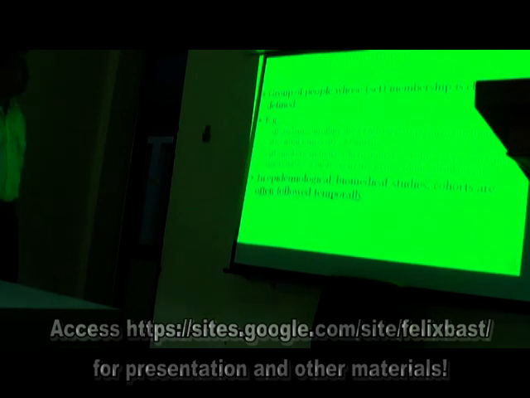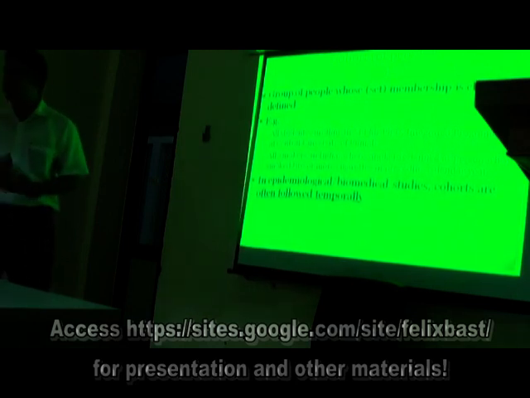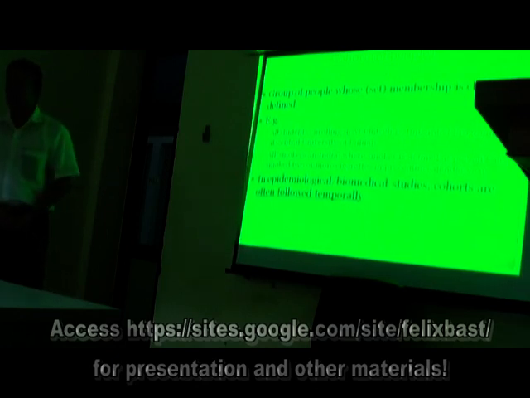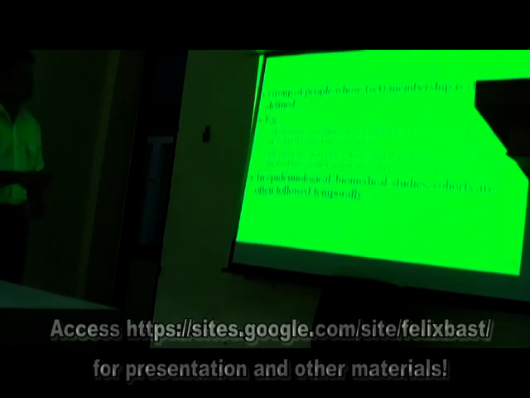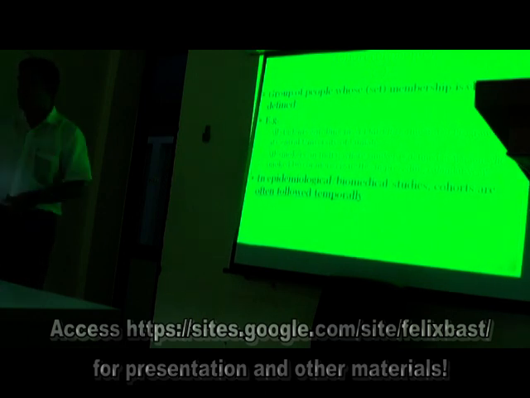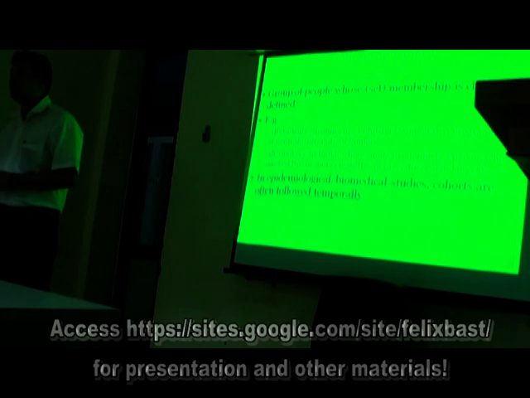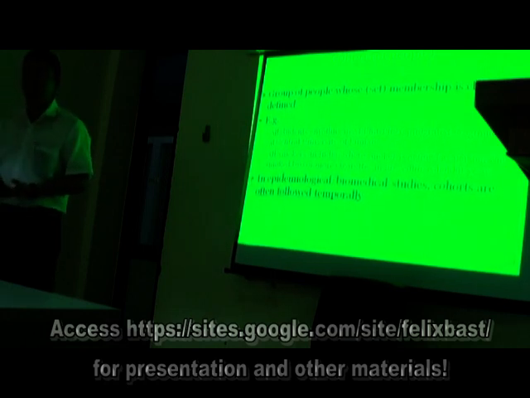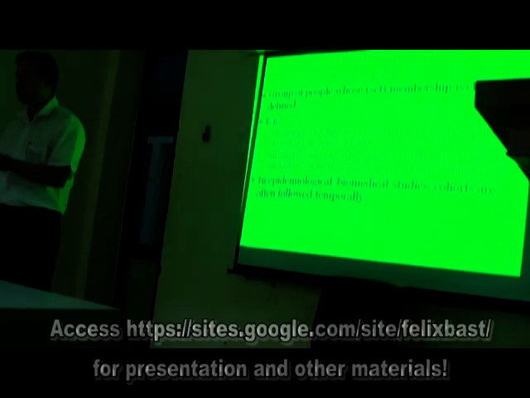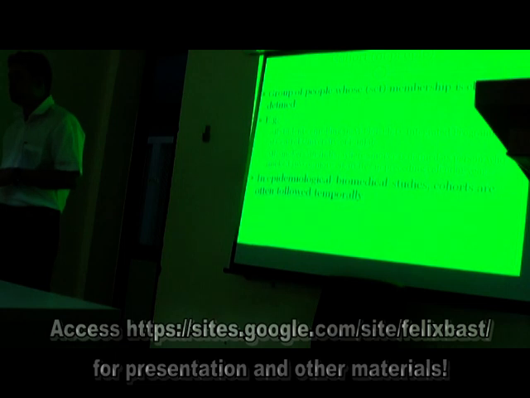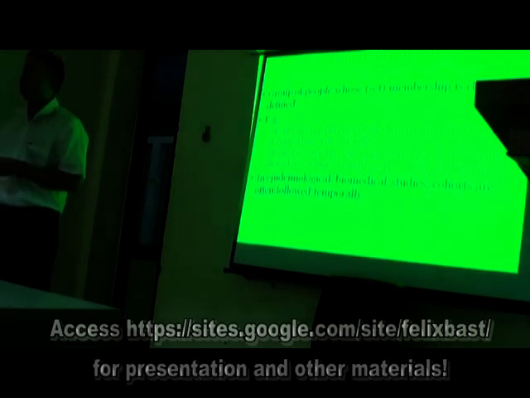What a cohort is: mostly with people, human beings, we use this term cohort. It's a group of people whose set membership is clearly defined. If I say my cohort is smokers, I have to define who a smoker is. So I define a smoker as an individual who smoked more than one cigarette in the last year. That means a person who smoked one cigarette last year is not my cohort.